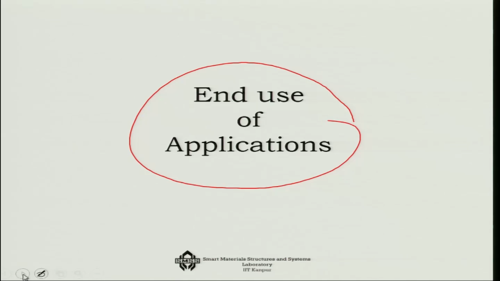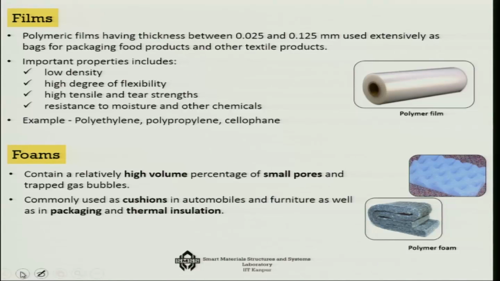Now let us try to categorize the polymers on the basis of the end use or applications. Let us see what the end uses of a polymer are. The first end use is in terms of films. Polymeric films you will get in various sizes in the market, from 25 micron to 125 micron thin films, that are used for packaging food products.